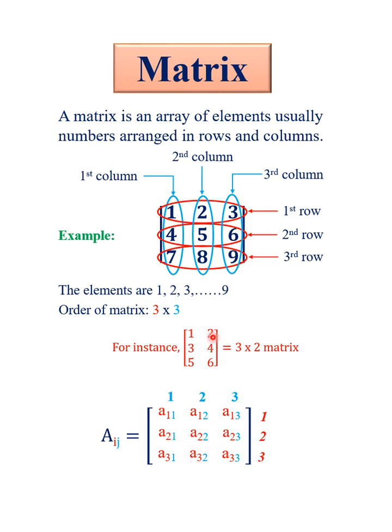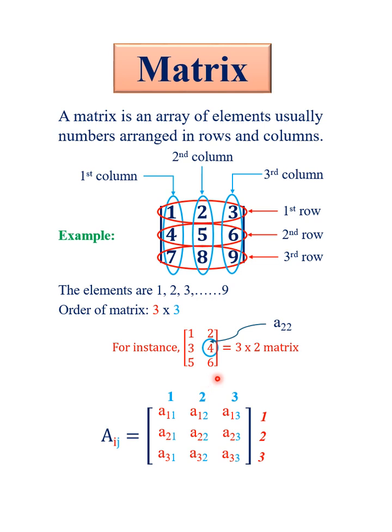So if we look at this matrix for instance and we say this matrix is matrix Aij, what would you say is the position of this element 4? This element 4 is obviously in the second row, second column. So position a22 represents the position of the element 4, second row, second column.